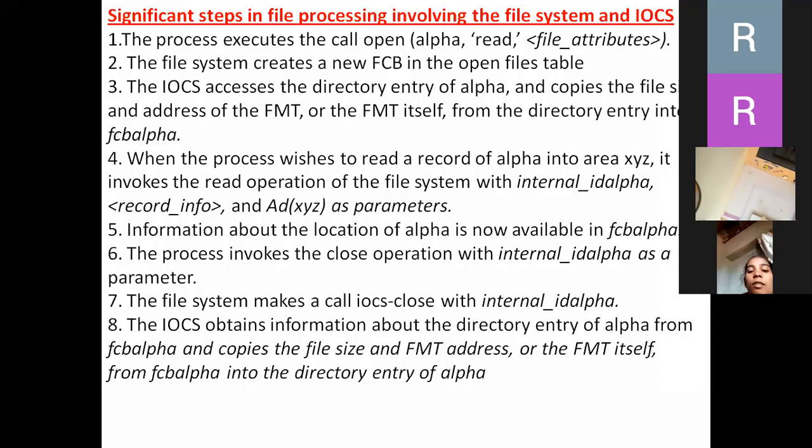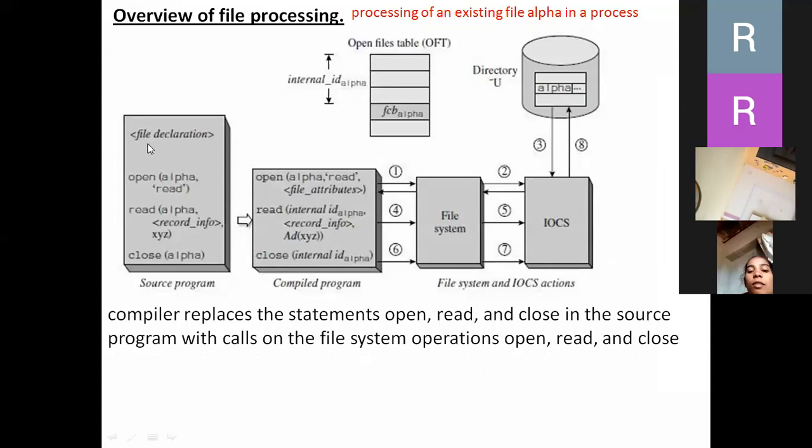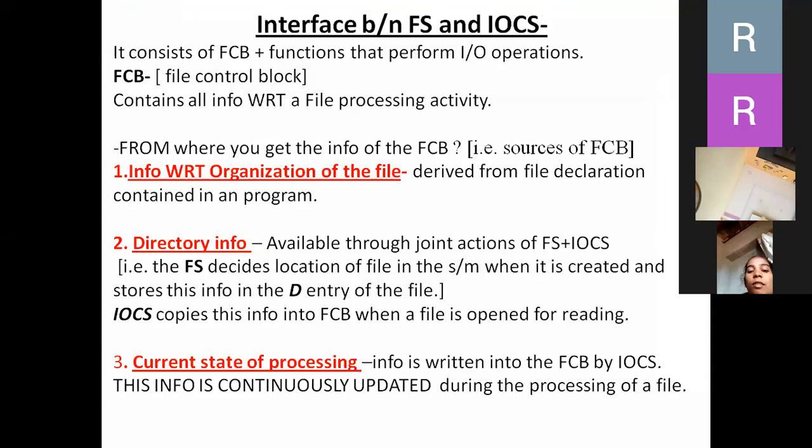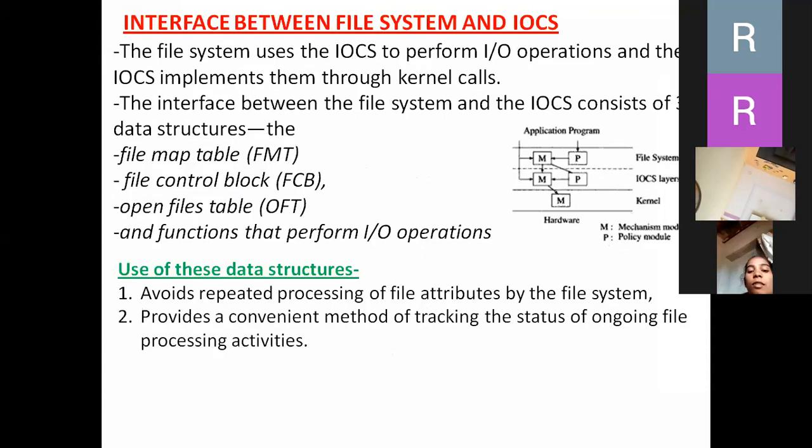So for now, let me end this class. For now, we can just practice these diagrams, along with the 3 data structures which are used to interface between the file system and the IOCS layer, and those are FMT, file map table, FCB, file control block, and OFT, open file table. So you can remember this particular figure where we have the interface between the file system and IOCS layer.